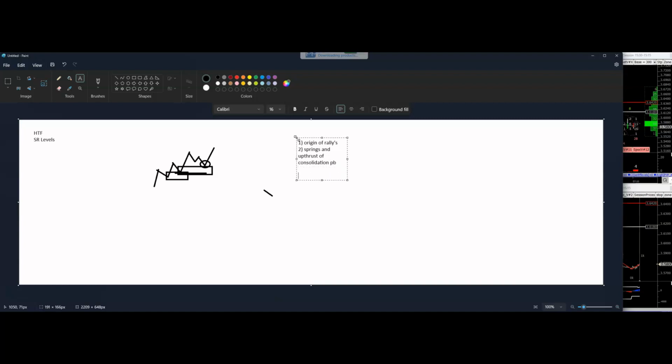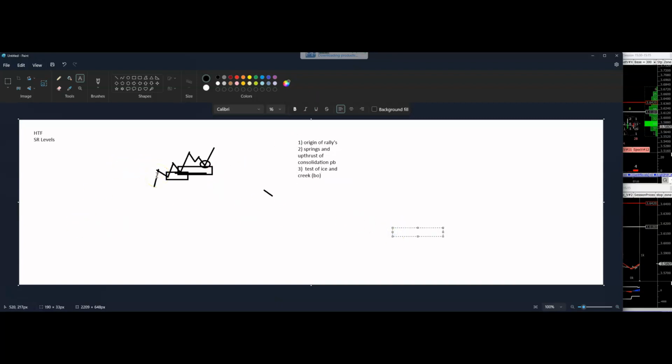That also works. And 3 would be the test of ice and creek, or what we call the breakouts, test of the breakouts. So you want to always focus on those levels first.